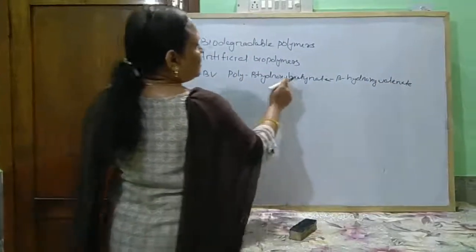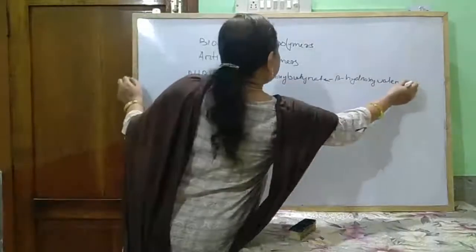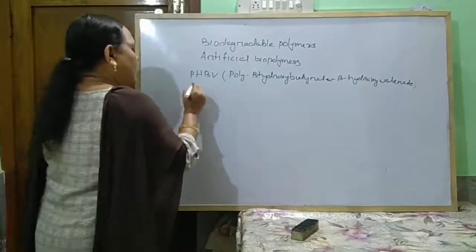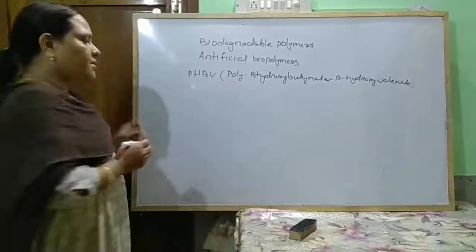So PHBV. The monomers are beta hydroxybutanoic acid and beta hydroxyvaleric acid.